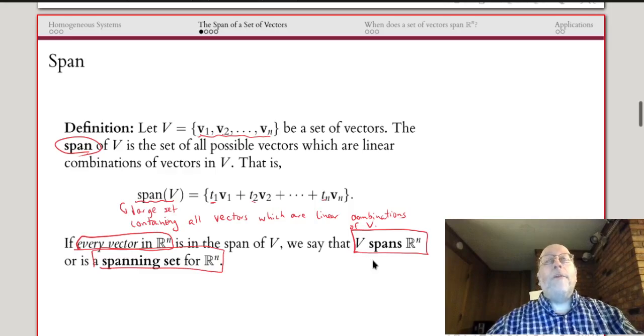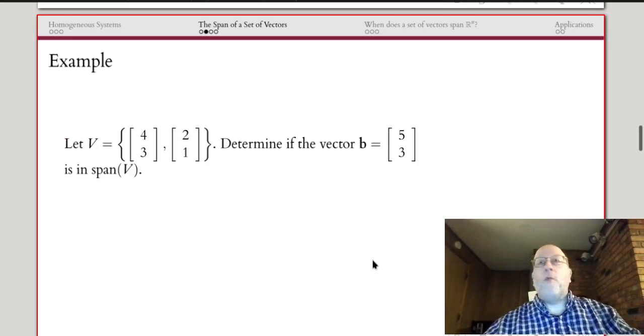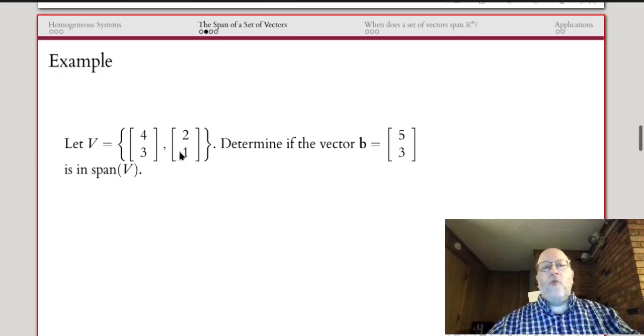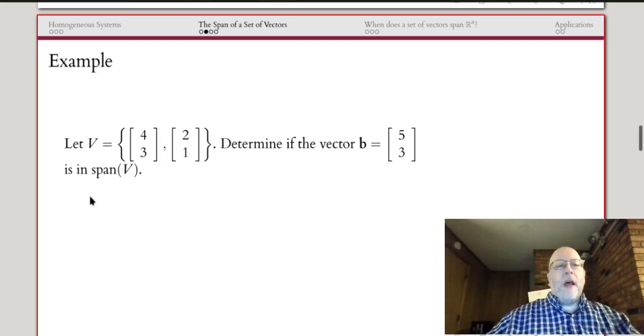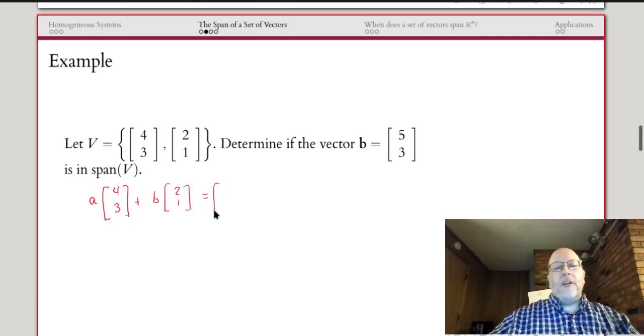So let's try some examples. Let's see if we can make this work. My building blocks are 4, 3, and 2, 1. Can we build the vector 5, 3 using these vectors? That's saying, does there exist weights so that if I weight the first vector and I weight the second vector, that combination is 5, 3?